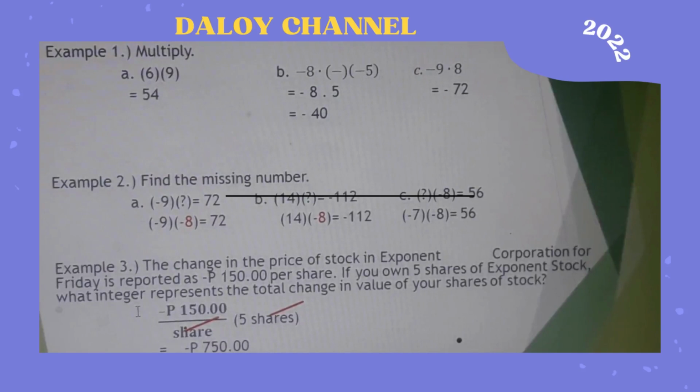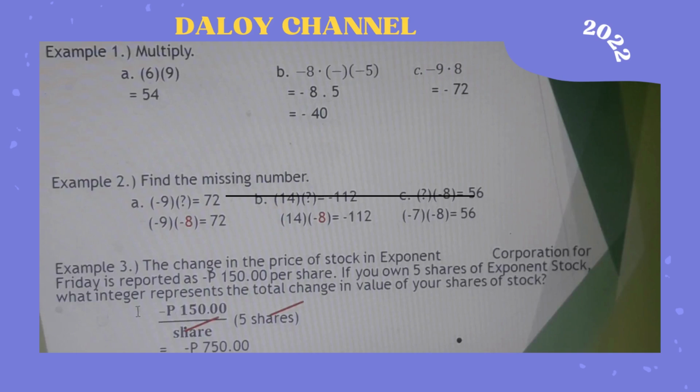So what is given in the premise is the comparison of an amount to a certain share. So per implies a division of 2 units: the unit of peso divided by a unit of share. So in order to find the total, since you have 5 shares, simply multiply that 150 pesos per share by 5 shares.